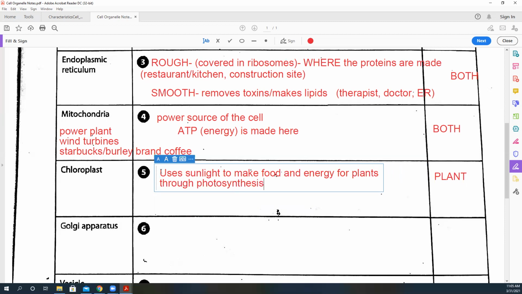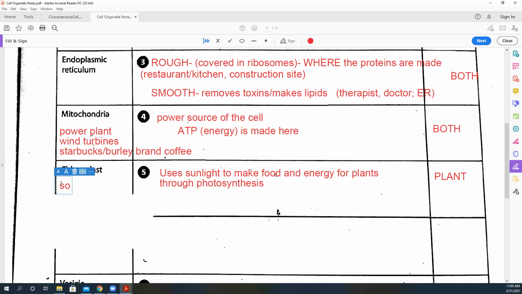So the reason I said hold on to the solar panel idea, because the fact that it uses sunlight to make energy, a chloroplast could be like a solar panel. I've also had people think of it as a garden, because gardens also use sunlight to make food, right?